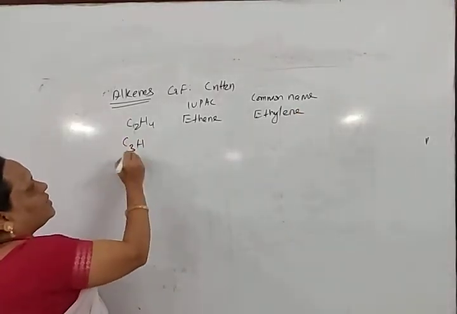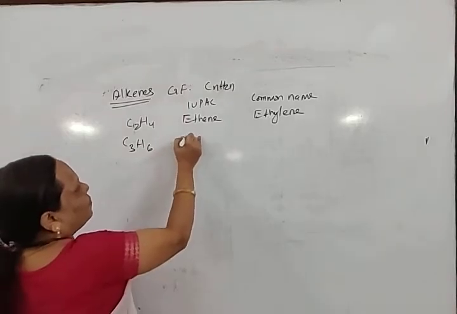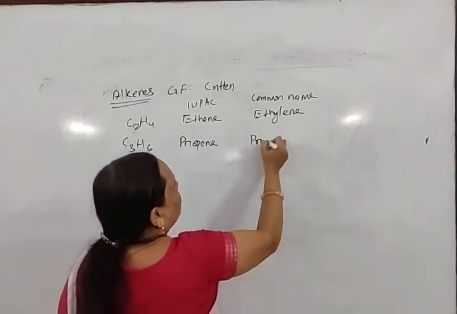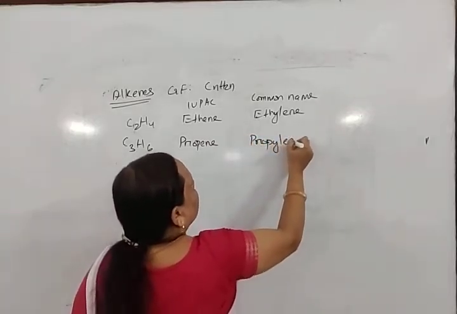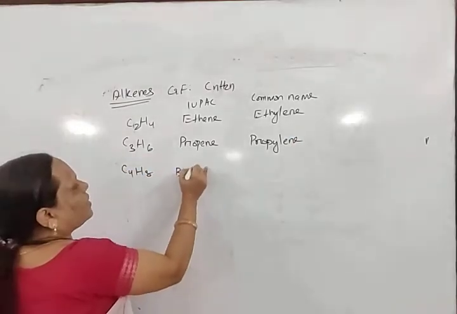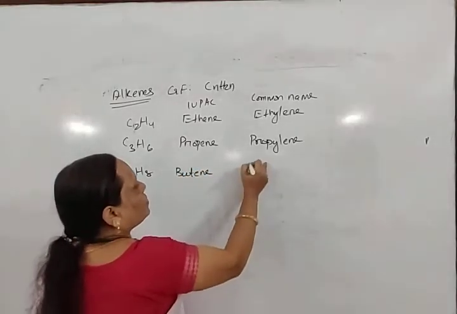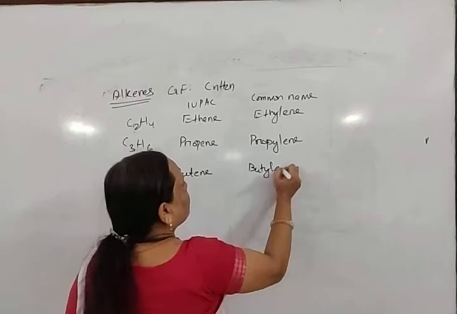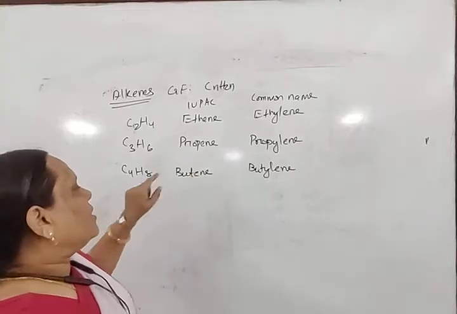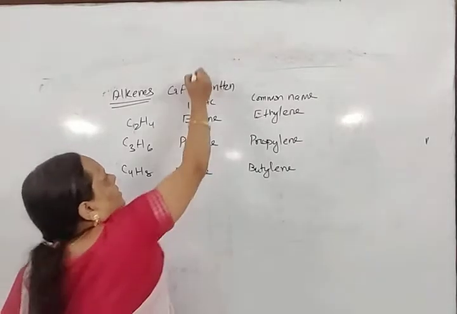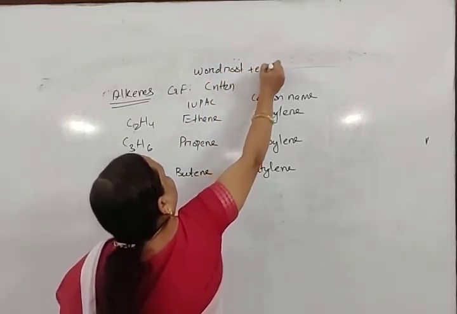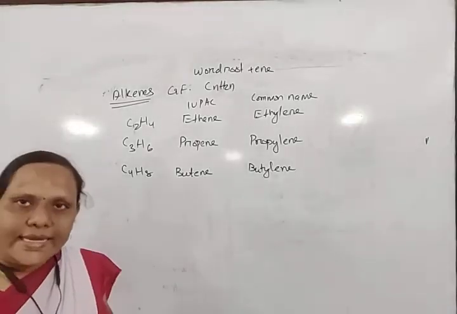Similarly, C3H6 is propene, common name propylene, and C4H8 is butene, also known as butylene. The common names end in lene, and the IUPAC name is word root plus ENE.